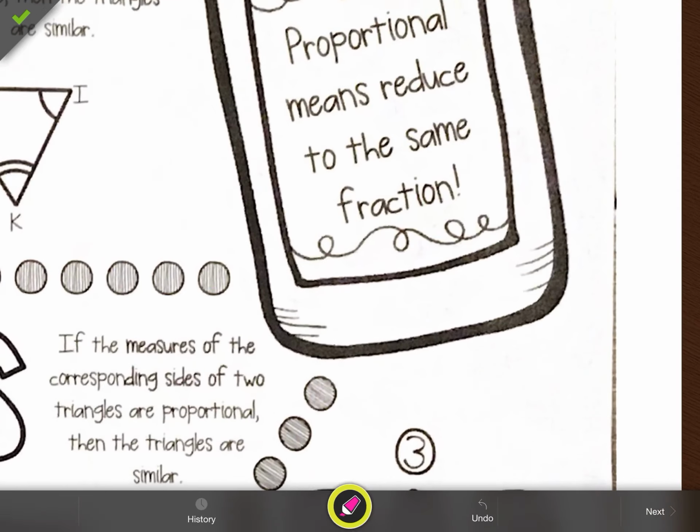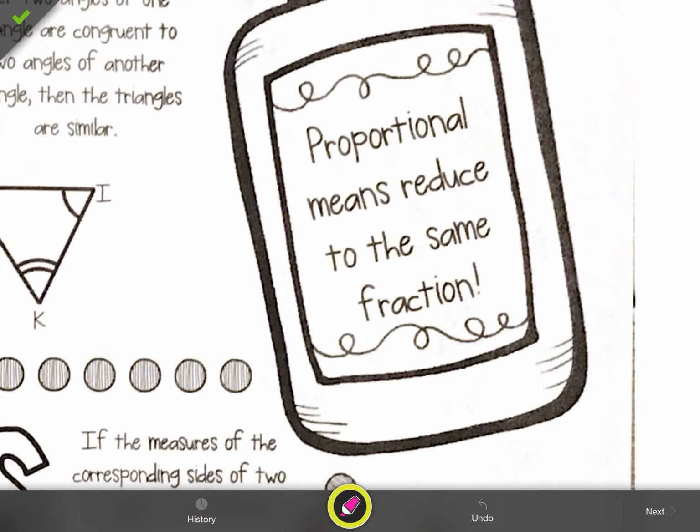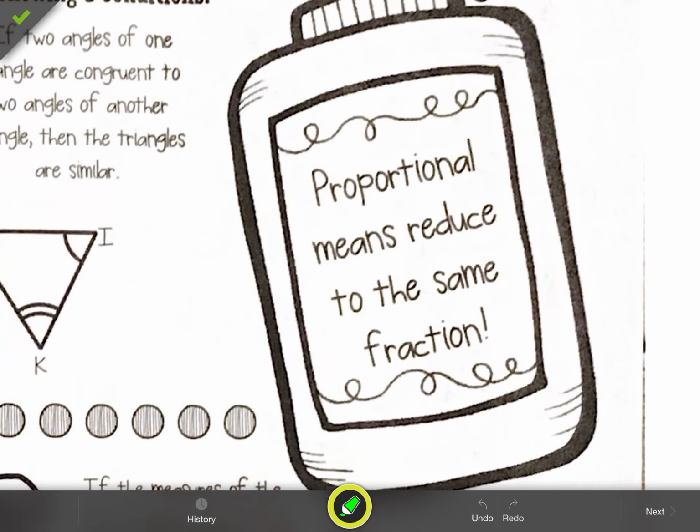Okay, now proportional is just a fancy word. A proportion is just a fraction. So you may want to make a note of this over here. Proportional just means that they reduce to the same fraction.